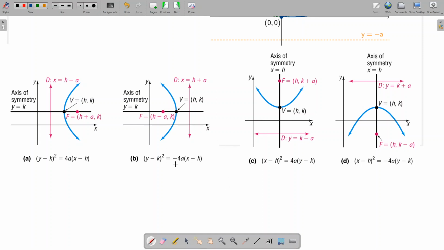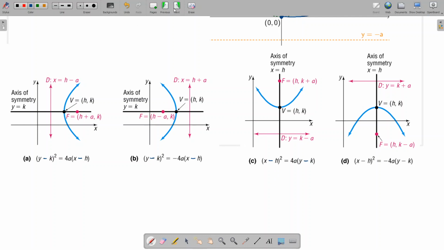So the big thing you have to be careful with is the k value is always going to go with the y, and the h is always going to go with the x. So they kind of get reversed in these two forms. And then the other thing we have to be careful with is there's always these built-in minus signs in those formulas. And that's usually where we have the issues, is that people want to have them switched around.